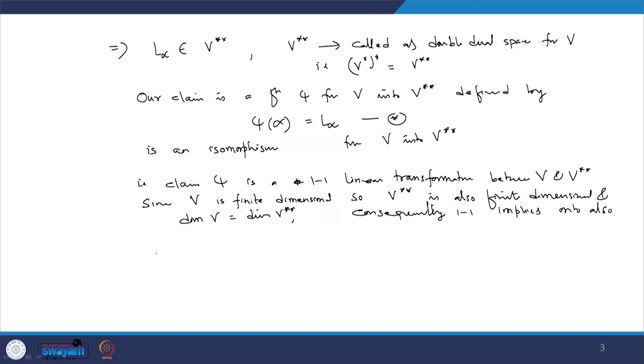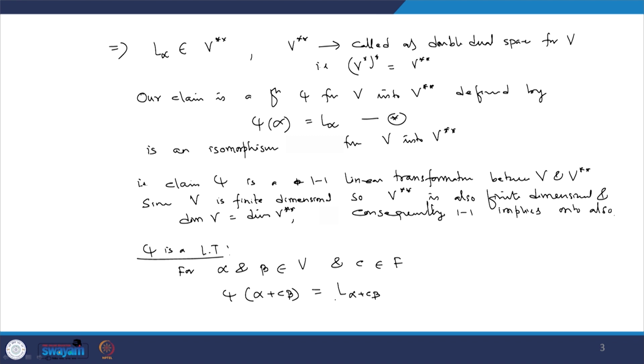So, let us see how psi is a linear transformation. For alpha and beta belonging to V and c belonging to capital F, we have psi of alpha plus c beta equal to L of alpha plus c beta.